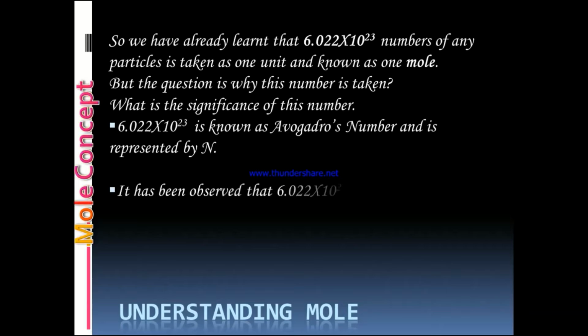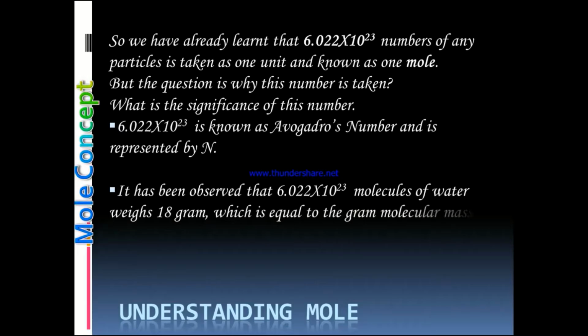It has been observed that 6.022 × 10^23 molecules of water weigh 18 gram, which is equal to the gram molecular mass of water. That means if you take the weight of 6.022 × 10^23 molecules of water, it will be 18 gram.